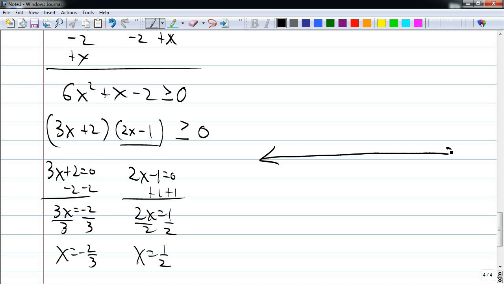So I mark those two places on the number line, and this divides my number line once again into 3 regions, all of which will have the same sign when I plug these x's into the expression. So I need to choose some x that's less than -2/3.